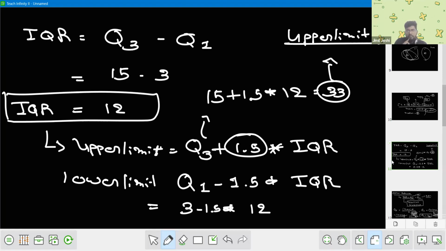No, I made a mistake, I think. 3 minus 1.5 into 12, which will be minus 15. Minus 15 is your lower limit. Okay, so minus 15 and 33.